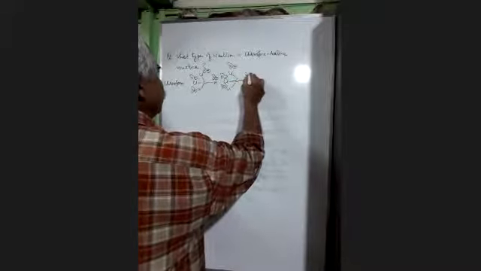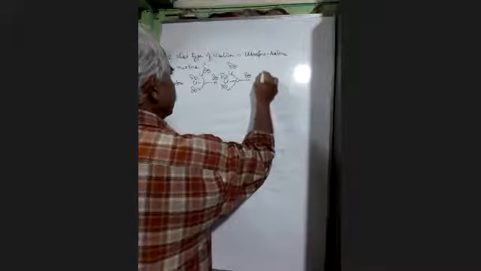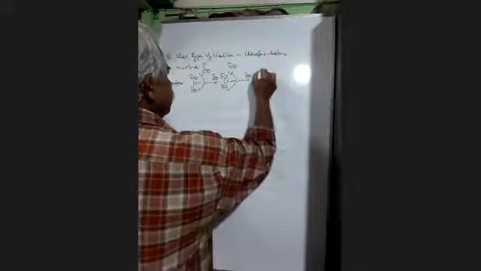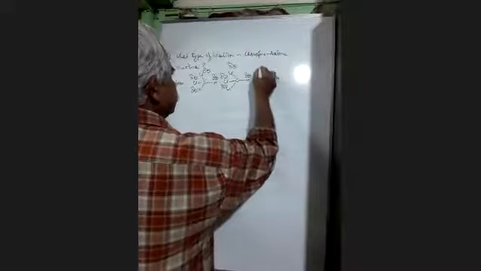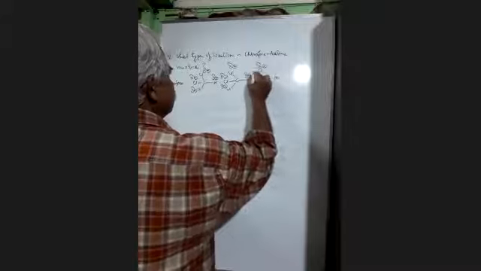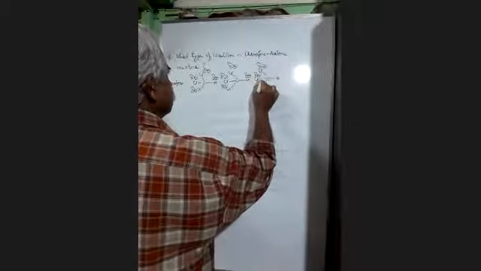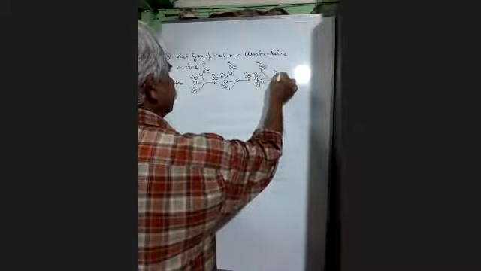But if my student writes it, I'll be very happy, because science is not a subject to learn by heart. It is a subject of logic. So what type of interaction does it have? Dipole interactions. It is having a dipole.